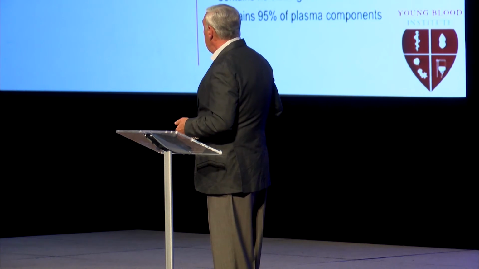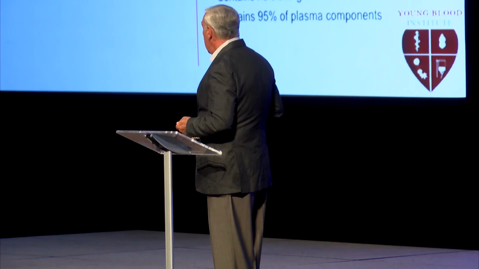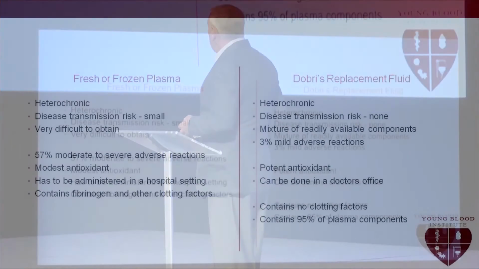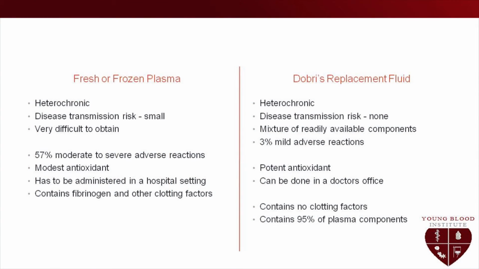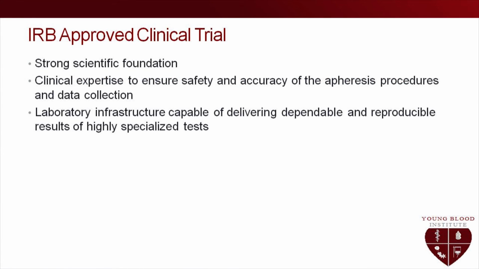And again, we talked about the reactions, 57% reactions with plasma, and 3% in my fluid. The other thing is that plasma is a modest antioxidant, and my fluid is a potent antioxidant. The main point here is that we can serve as the most potent antioxidant in the body.